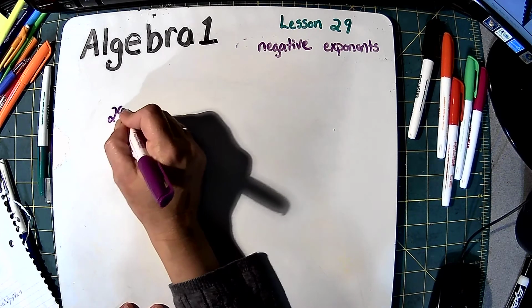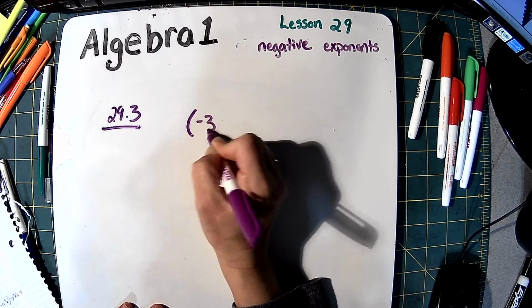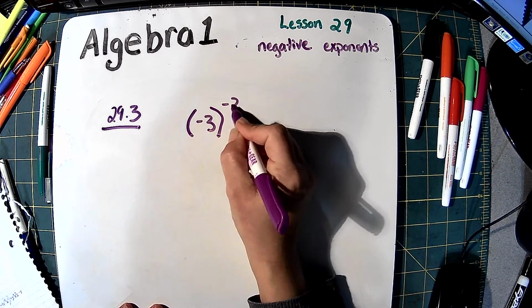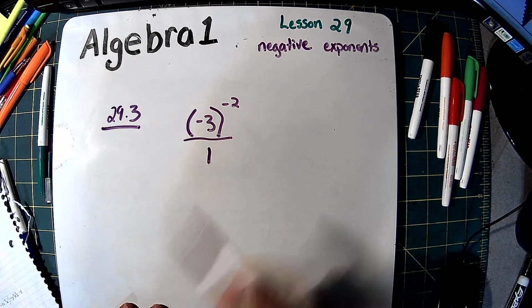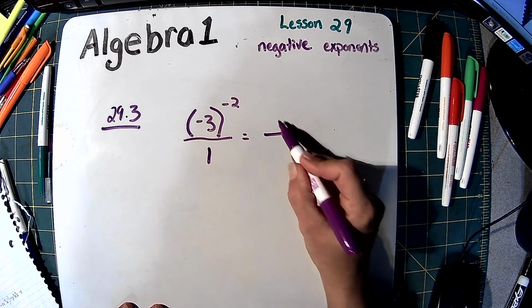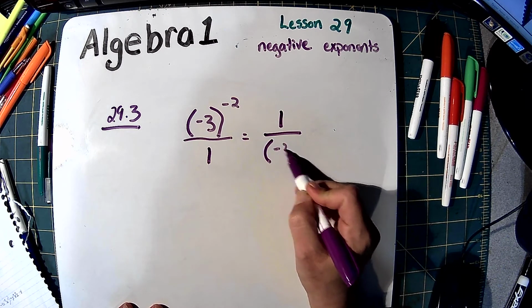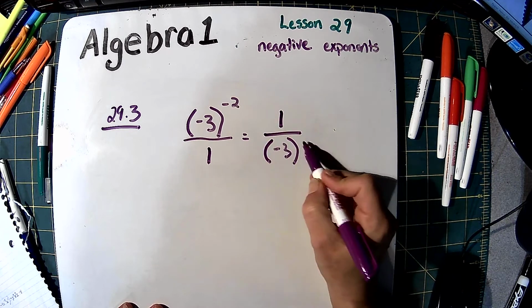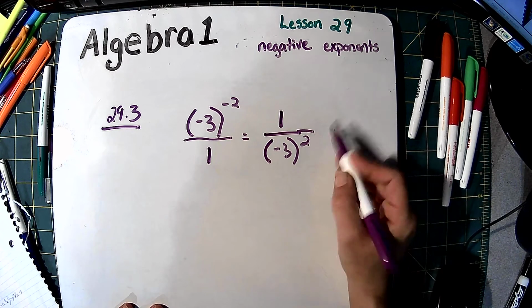All right, this is 29.3. So this says negative 3 to the negative 2. Okay, to get rid of that, this really means over 1. We're going to move this to the bottom of the fraction. So we're going to put our 1 on top, and then our negative 3, keep that in parentheses, and then our 2. And it's not negative 2 anymore because we moved it to the other side of the fraction.